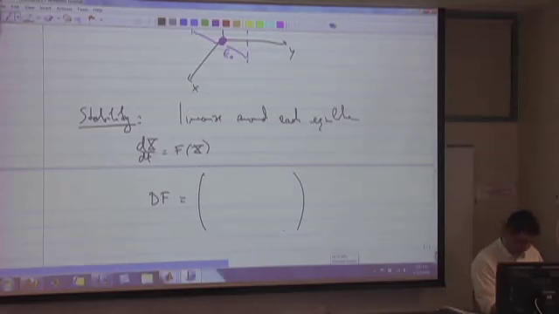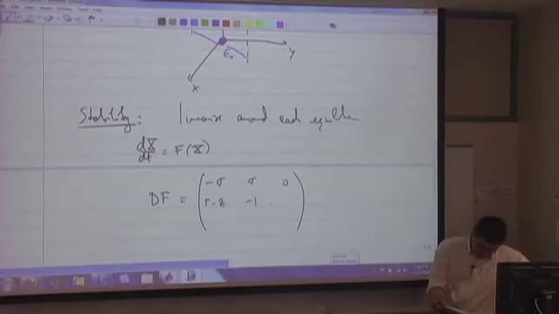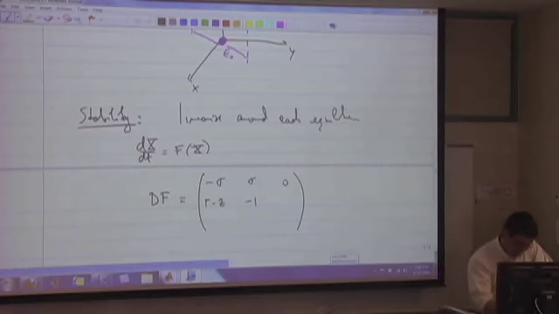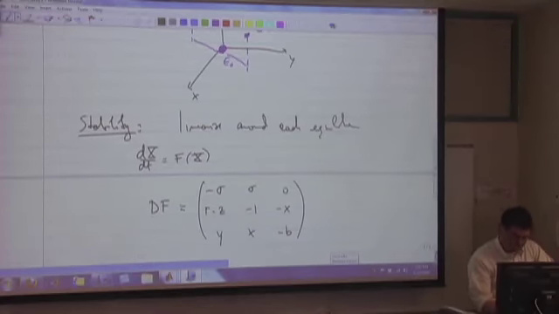In this case it is minus sigma, sigma, 0; r minus z, minus 1, minus x; and why is that minus 1 there? Oh yeah, because it's minus x minus y. Okay, and then it's minus x. What's the last one? y, x, and minus b. Okay, so this is just taking partial derivatives.